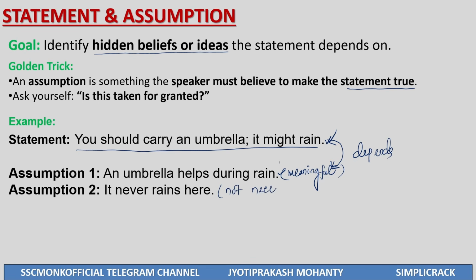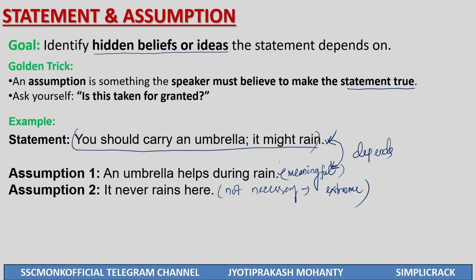This is not necessary, and this is extreme. You can't outrightly say that it never rains here. This is extreme. So you will always reject and eliminate the options or assumptions which are extreme, which are not necessary, and on which the statement does not depend.